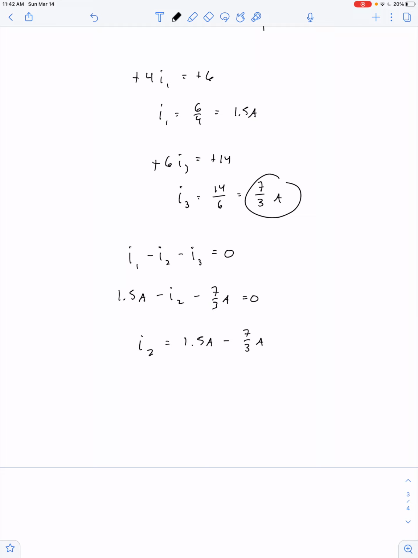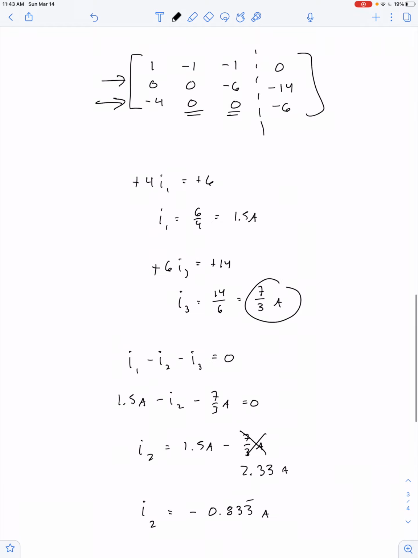Let's see, 7/3 is the same thing as 2.33. Oh, wait a minute. This means I2 is negative 0.83333. Ooh, I2 came out negative.